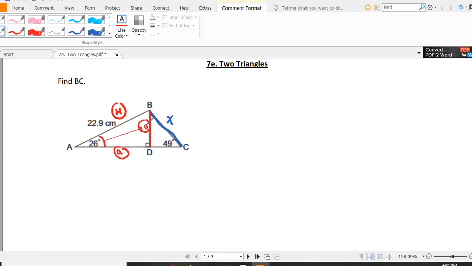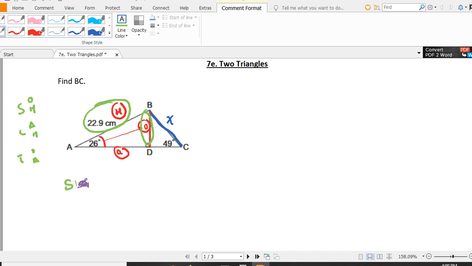Okay, so now to find BD, I'm going to need to use H because there's a number there, and obviously I want BD. So which one has opposite and hypotenuse in SOHCAHTOA?